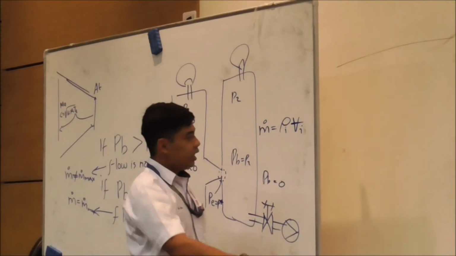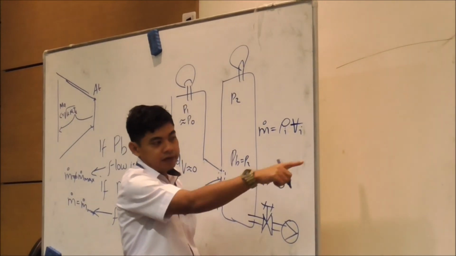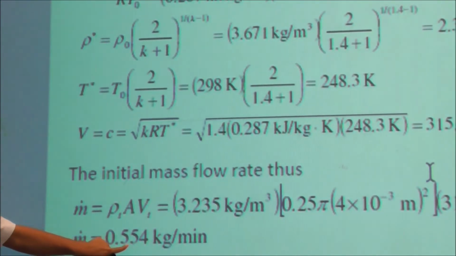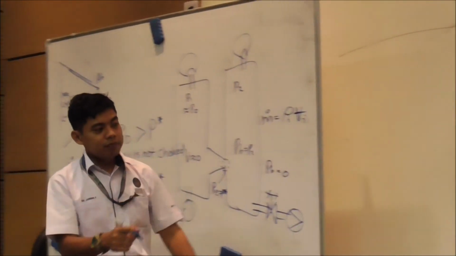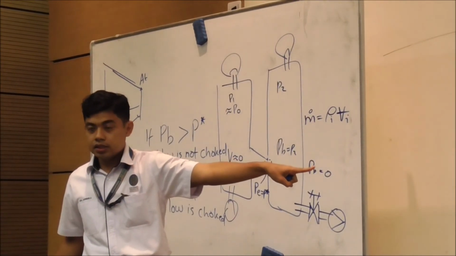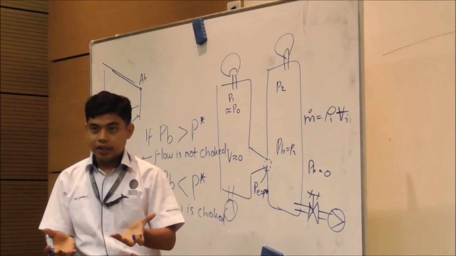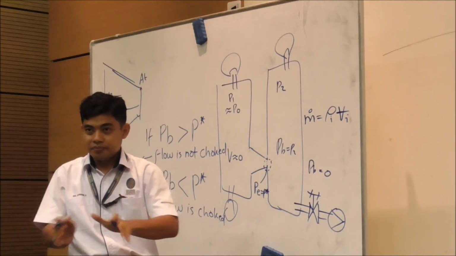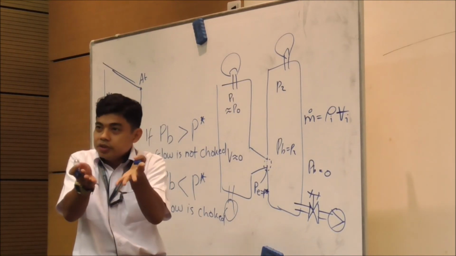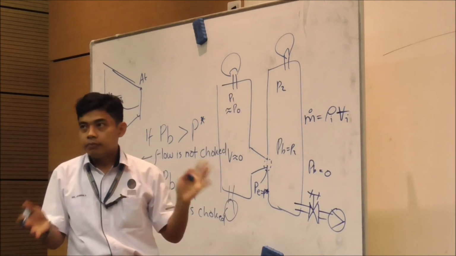Then if you release for 1 minute, this is 0.554 kilogram per minute, which means after 1 minute you will lose that mass, but the volume remains the same in the case of a pipe, because a pipe does not change shape. The tire of course does, but the pipe will not.